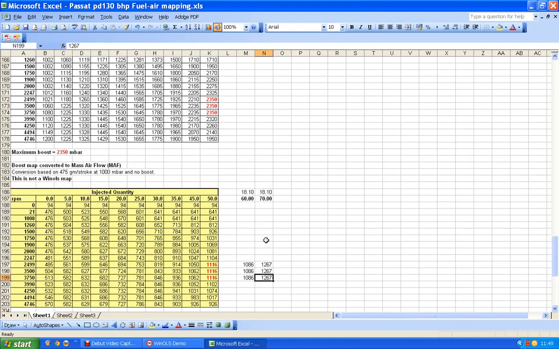Right, and then I'm going to use those same numbers, but I'm going to divide those numbers by 475 to give myself a clue as to what the boost should be.